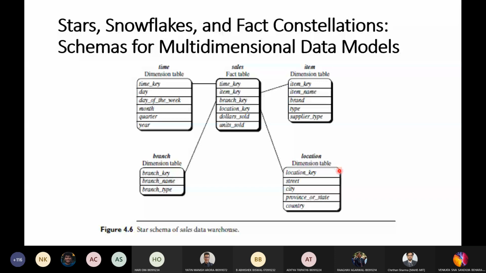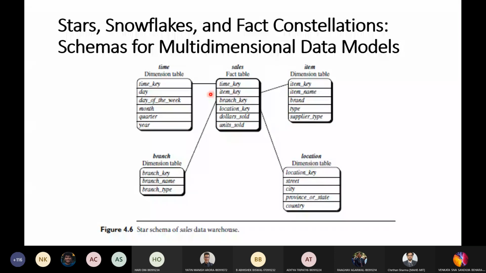If you want to infer what exactly this particular figure is showing, it basically shows a schema for some sales data warehouse. Okay. And four dimensions are considered here: item, time, branch, and location.